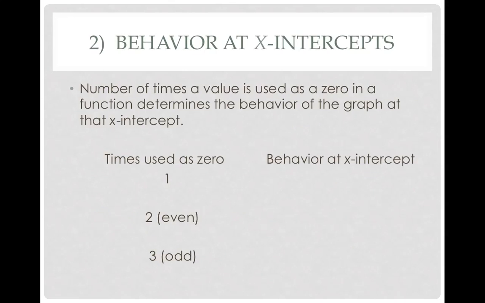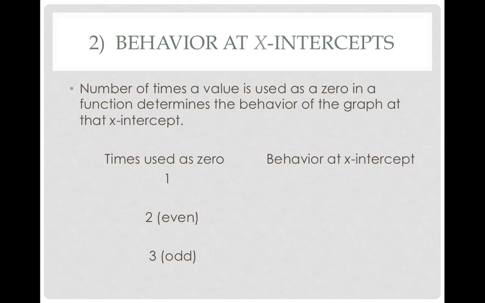Now let's talk about the behavior of the graph at the x-intercepts. So again, we can rely on our simple polynomials to help us with this also. It says the number of times a value is used as a zero in a function determines the behavior of the graph at that x-intercept.